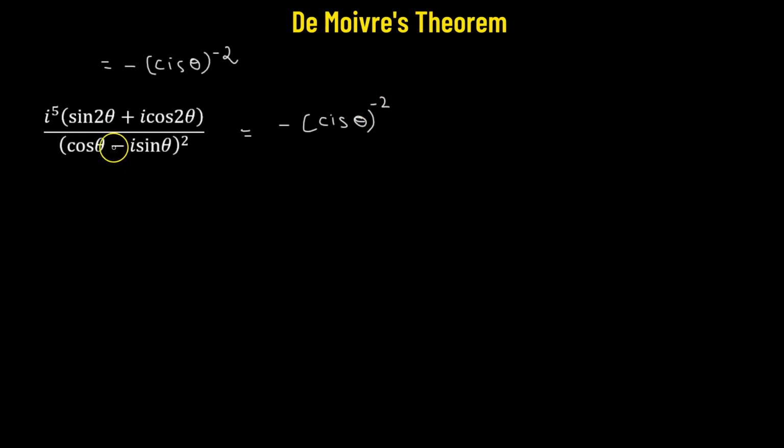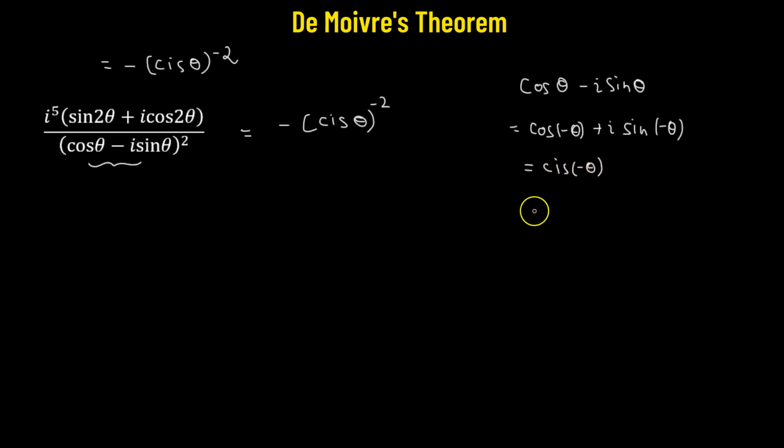Here we also have to take care of the negative sign in the denominator portion. So let's quickly tackle that as well. We have cosine of theta minus iota times sine theta, which can also be expressed as cosine of negative theta plus iota times sine of negative theta, which means we now have cis of negative theta, equal to cis of theta raised to the power of -1.